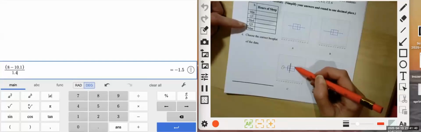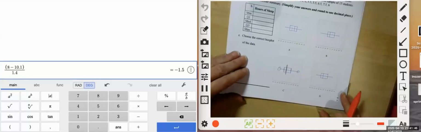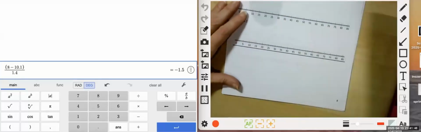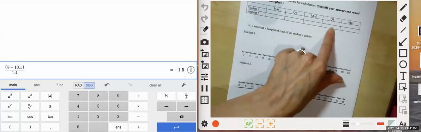And then the median of the upper half of the data is the other side of the box. And that's why they have you calculate the minimum, quartile 1, median, quartile 3, and maximum.